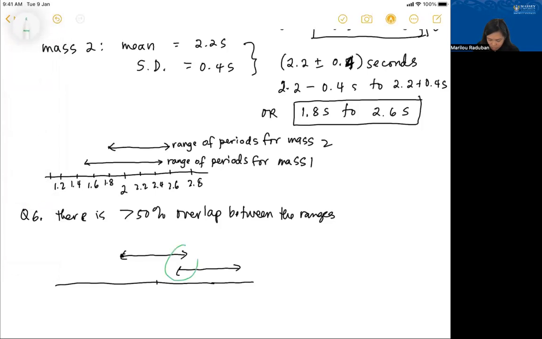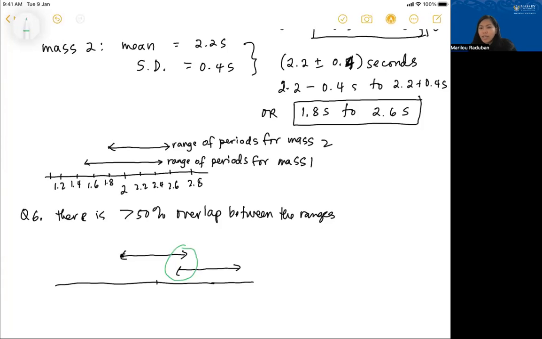Yes, it's overlapping, but it's very small, say only 5%. If only 5% of measurements are within this overlapping range, then you can conclude that the periods are different, and therefore mass should affect the period.